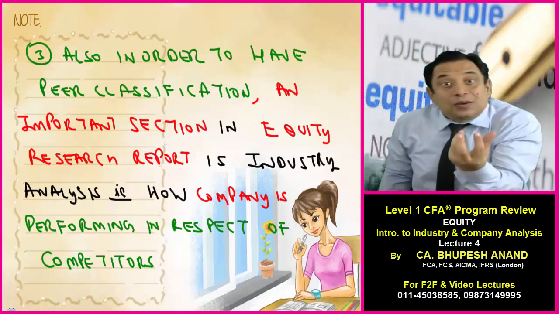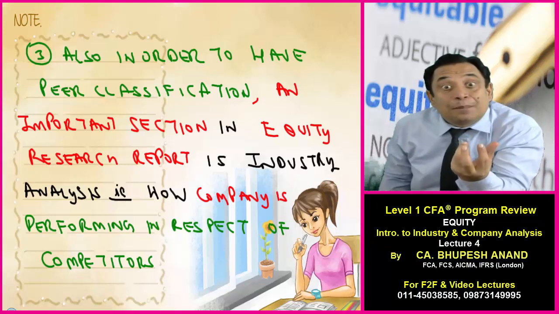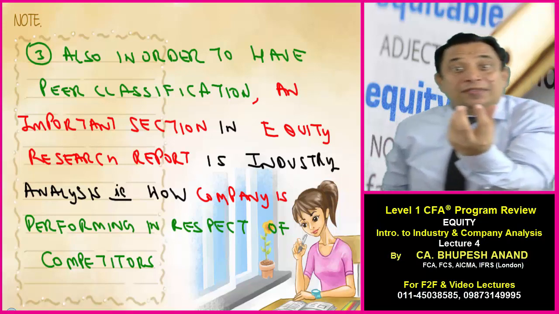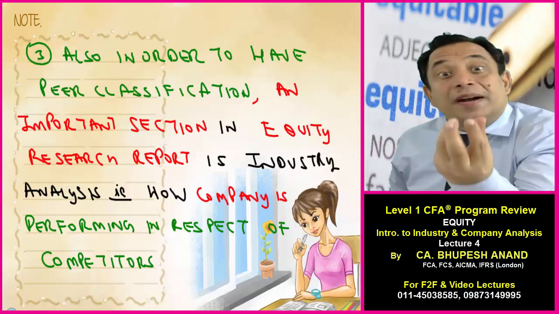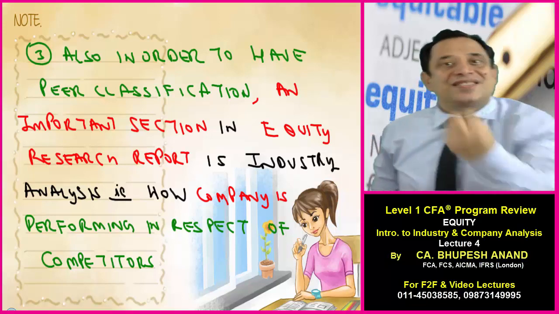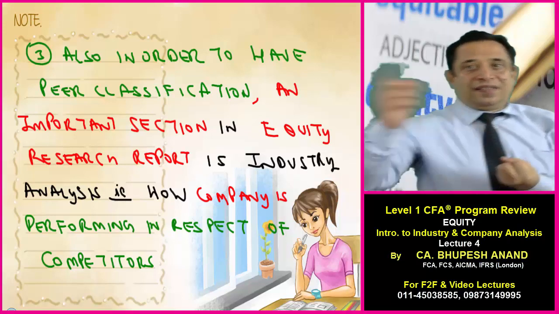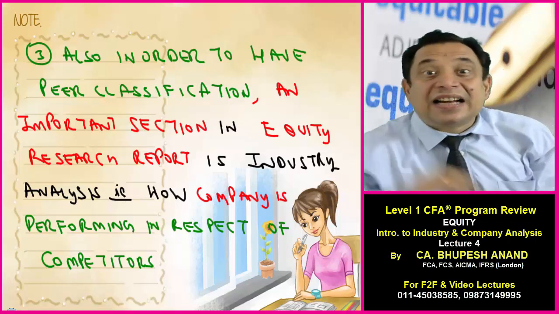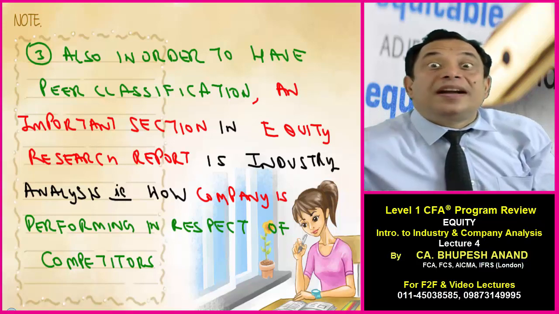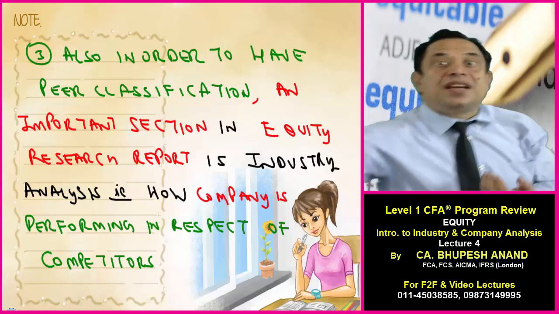Once I have calculated that, it will work as a benchmark. If the average operating leverage of an industry is 3, then we can compare this with other companies, and if a particular firm has higher operating leverage than 3, I will say this company is more risky.